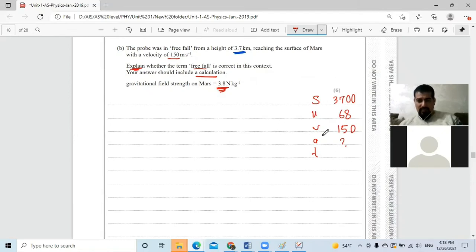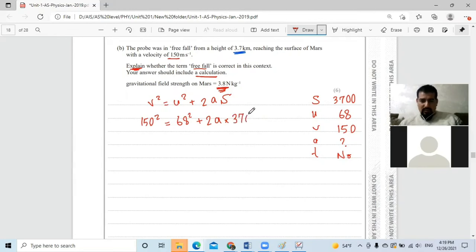If I know S, U, and V and don't know T, I will use the equation V squared equals U squared plus 2AS. Now V, which is 150, squared, equals U, which is 68, squared, plus 2 multiplied by the acceleration on Mars that we have to find, multiplied by S, the distance of falling, which is 3,600 meters.